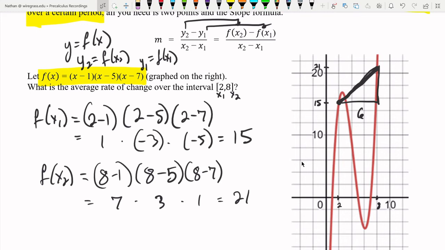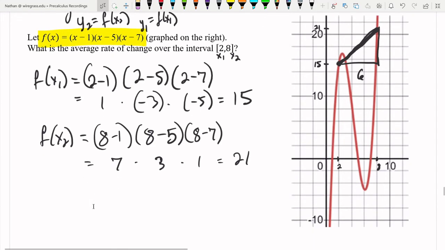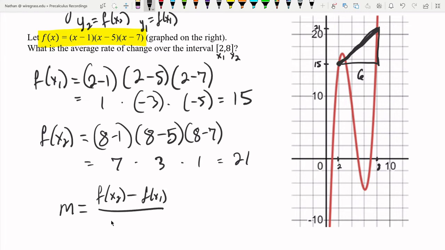So the slope of this line is going to be f of x2 minus f of x1 over x2 minus x1. It's going to be 21 minus 15 over 8 minus 2, which is 6 over 6, or 1. So this is actually a slope of 1.